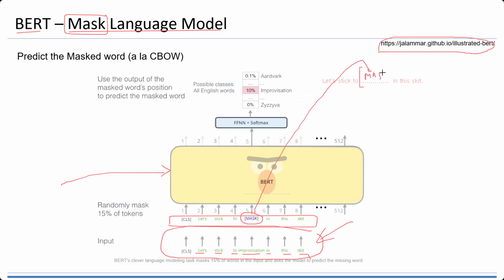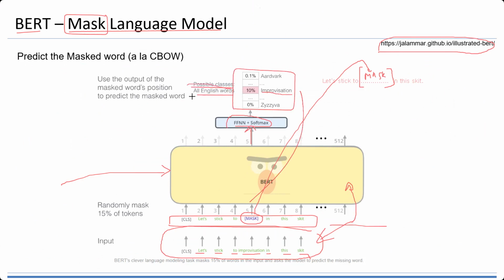And we input this text into the BERT. So the BERT will make the embedding, and using the feed-forward neural network with the softmax, at the end, it can do the prediction. What are the possible classes? The possible classes means the possible words. And it shows all English words.